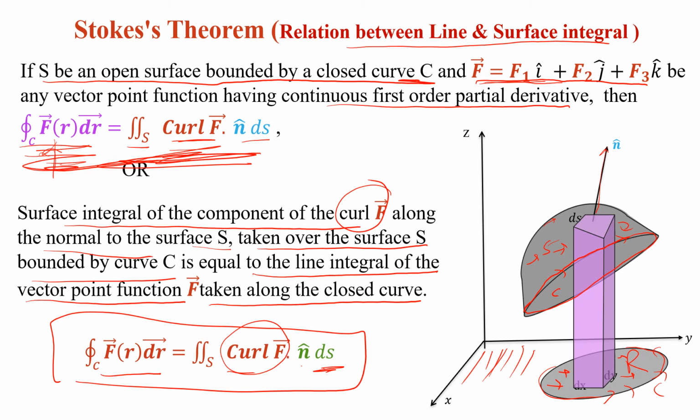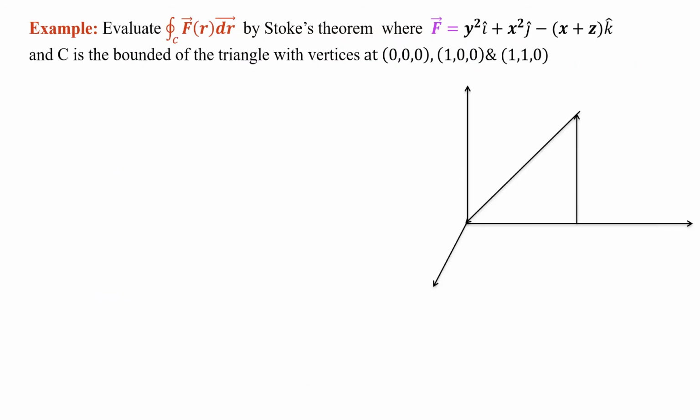Now evaluate the line integral of f dot dr by Stokes' theorem, where f is y square i plus x square j minus (x plus z) k, and C is the boundary of a triangle with vertices 0 0 0, 1 0 0 and 1 1 0. If we take x, y and z axes, the coordinates are 0 0 0, 1 0 0 and 1 1 0.